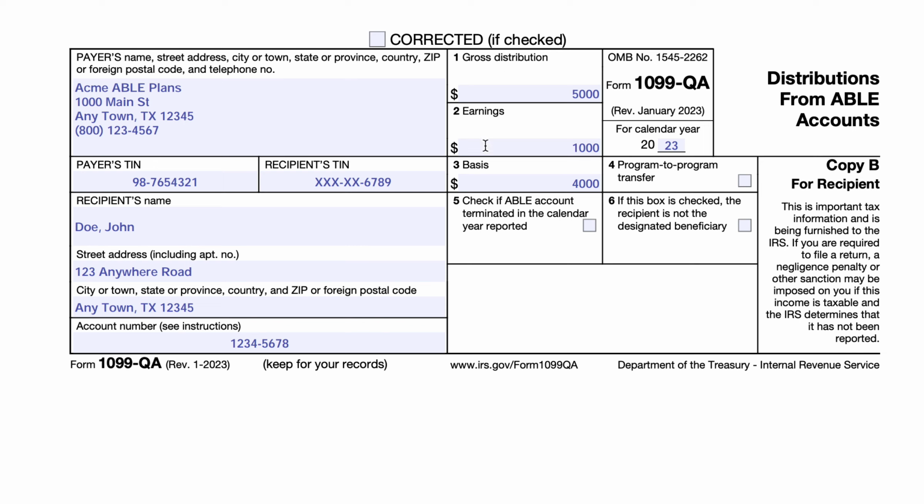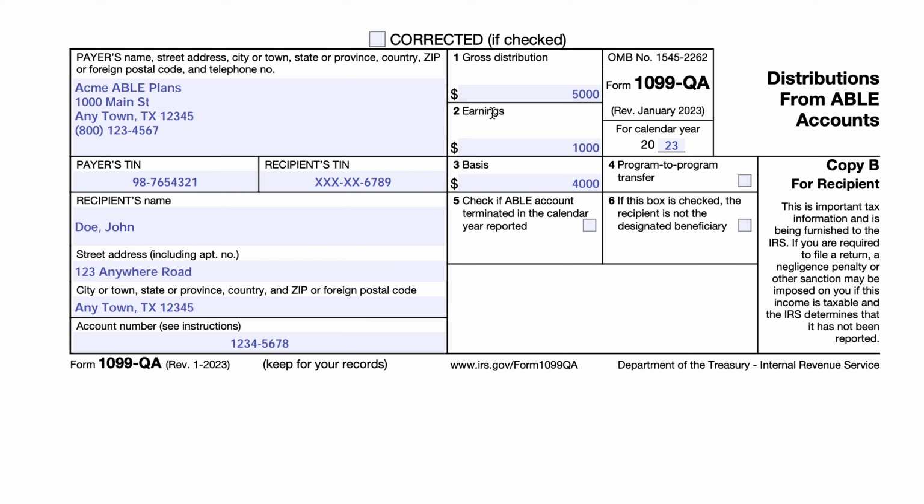Let's take a look at the right-hand side of the form. In this case, for 2023, our gross distribution, which is the total amount that came out of the account, was $5,000. Now, the account custodian is responsible for calculating any earnings and breaking out the difference between the earnings on the account and the basis.